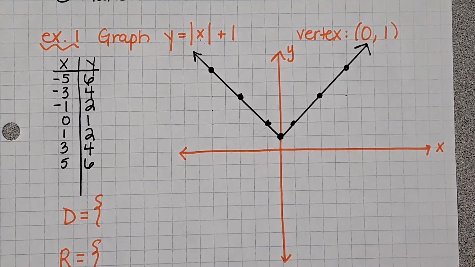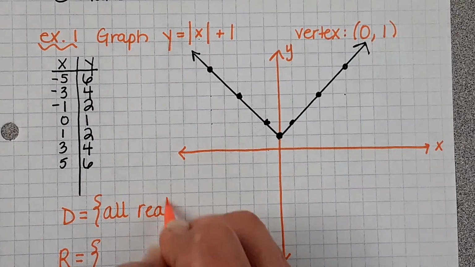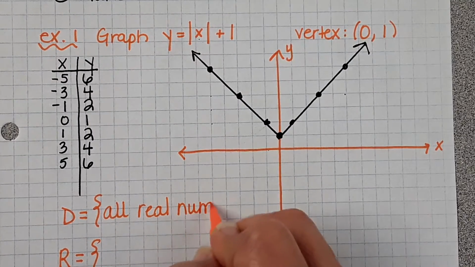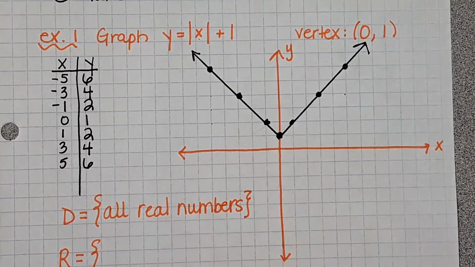So that means my domain is all real numbers. And you guys, most absolute value equations are always going to be all real numbers because it's going to take any value of any x coordinate.